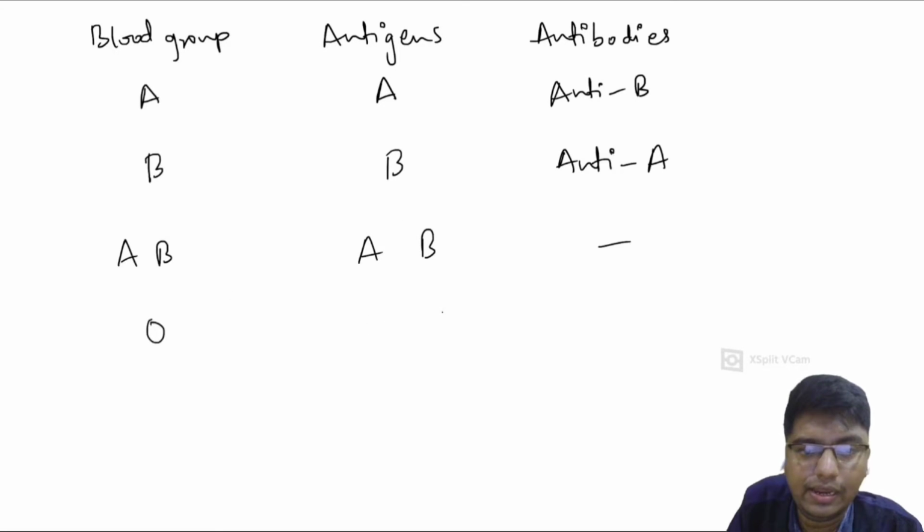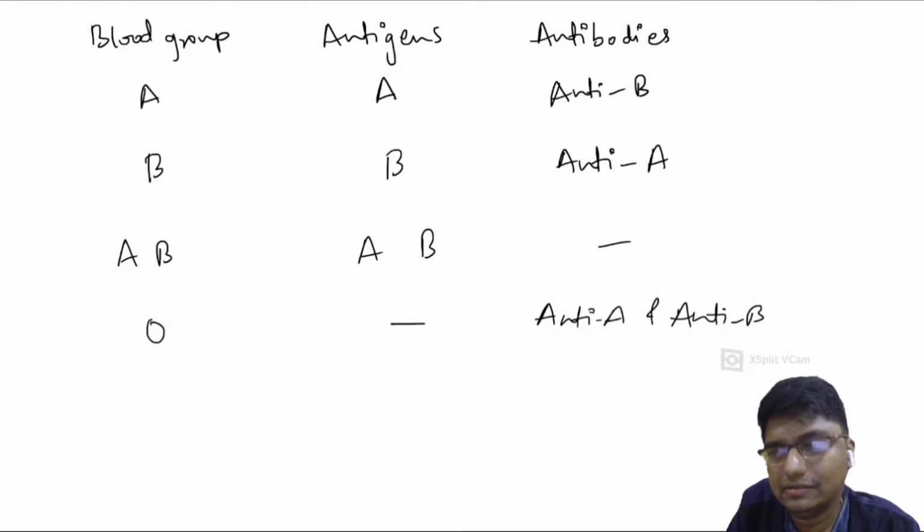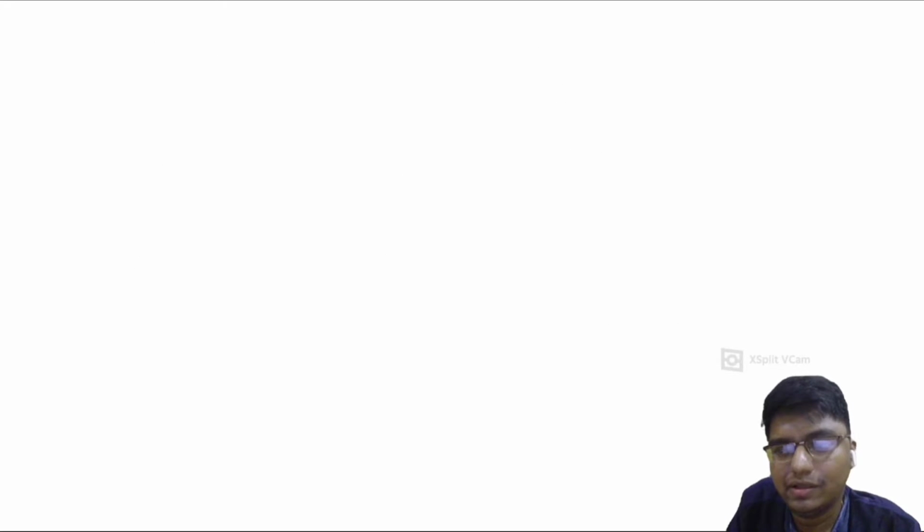In O, antigens are not present, but antibodies anti-A and anti-B are present. This is the scenario, and this is always the case. So we understood about antigens and antibodies in the blood. Now how inheritance of the ABO blood group occurs and how to predict the blood group of an offspring, that we will see.